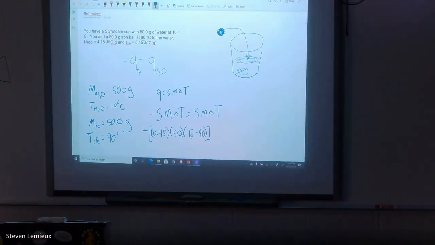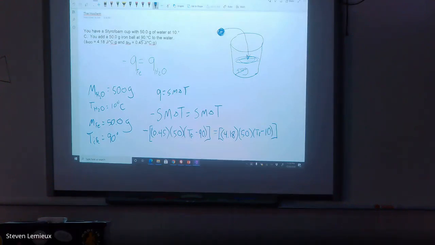So I have this side equal to this side. Now this side's going to be my water. The specific heat of water is extremely high, 4.184, one of the unique things about water. The mass of water was 50, and temperature final, which we're solving for, minus temperature initial, the water is at 10 degrees.